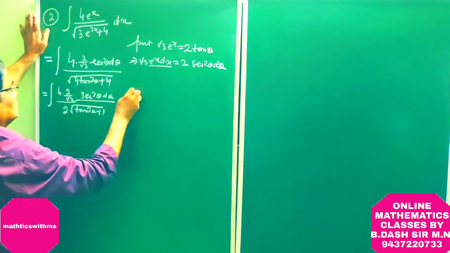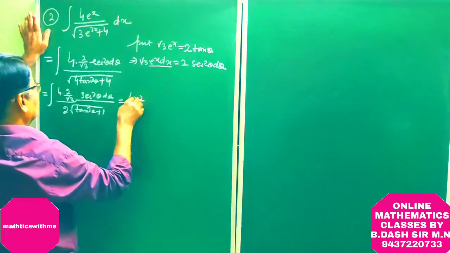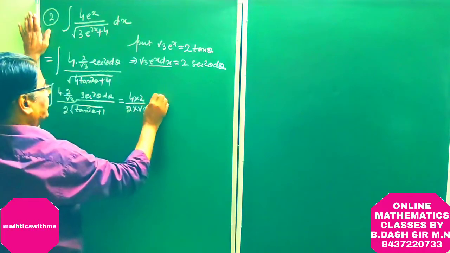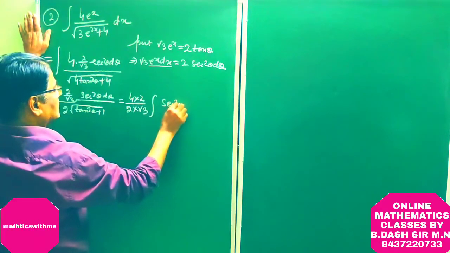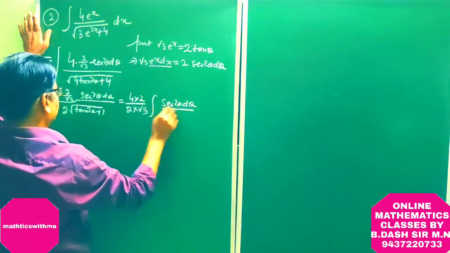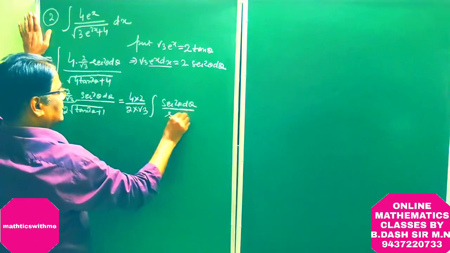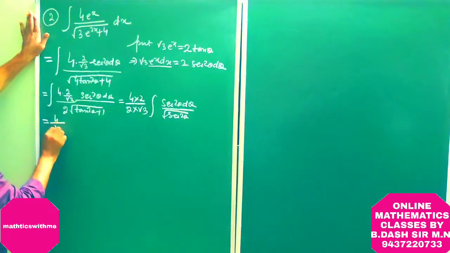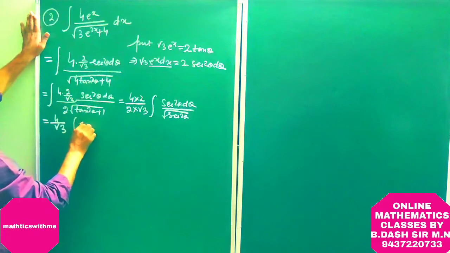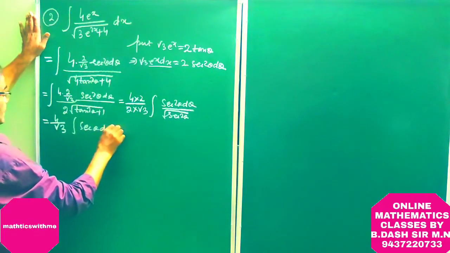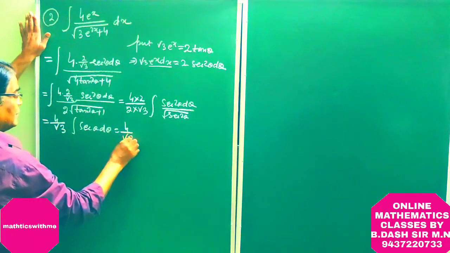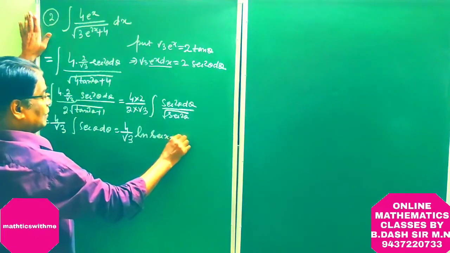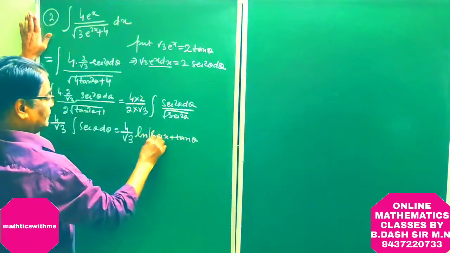This is equal to 4 into 2 by 2 into root 3, sec square theta d theta divided by root over sec square theta, which is equal to 4 by root 3 times the integral of sec theta. 4 by root 3, this is the ln of sec theta plus tan theta.